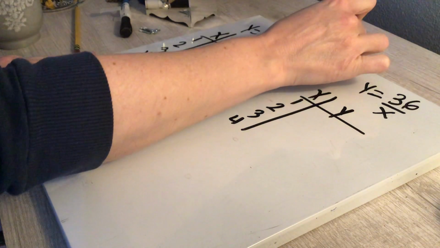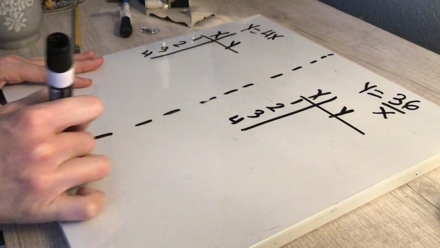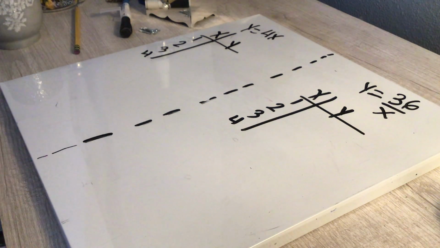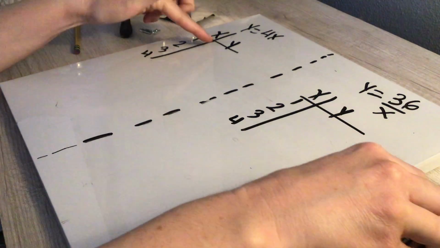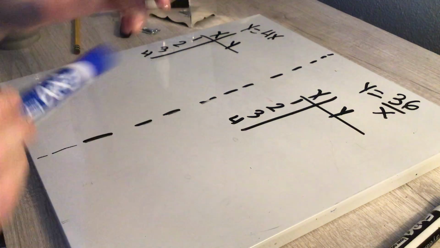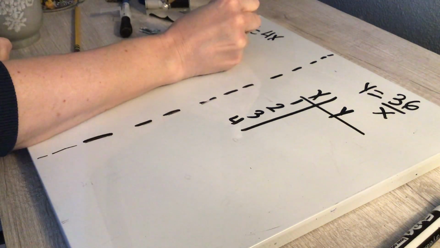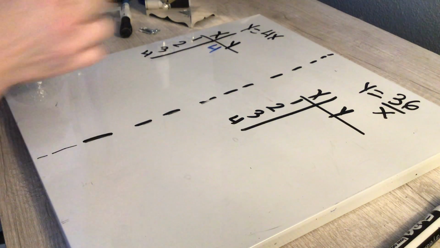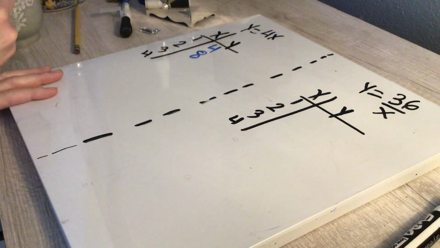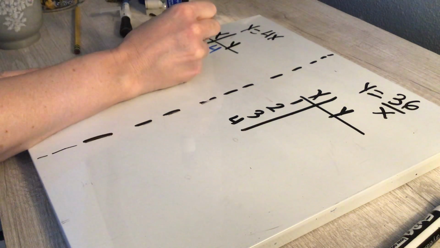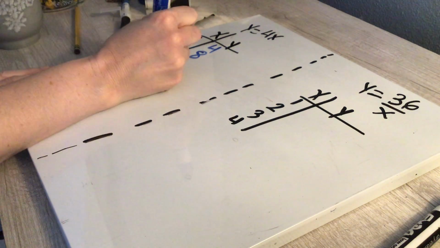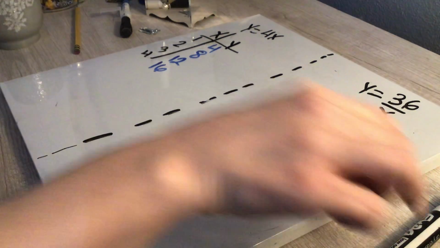Okay, so in the first one, if x is 1, then y is 4, because we get 4 times 1. If x is 2, y is 8. If x is 3, y is 12. And if x is 4, y is 16.